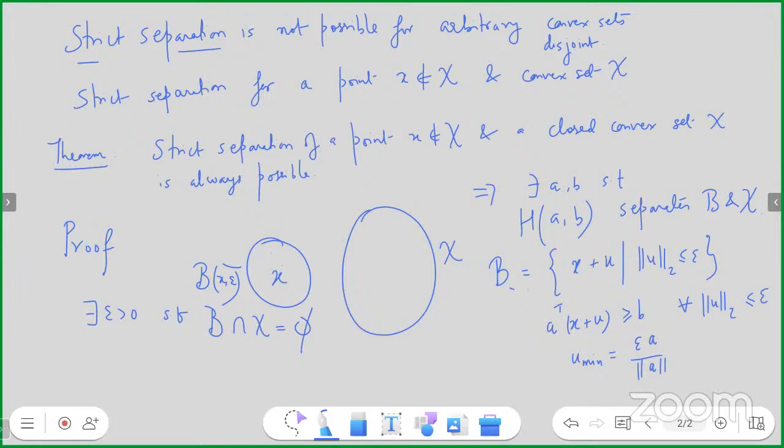So what is the property? A lot of things are given to you by the theorem. The theorem tells you that the A comma B is such that chi is completely on one side, while the ball is completely on the other side, but the inequalities might be there, which need not be strict.